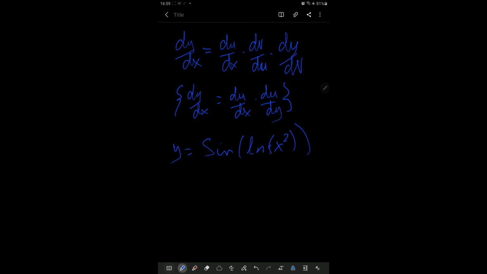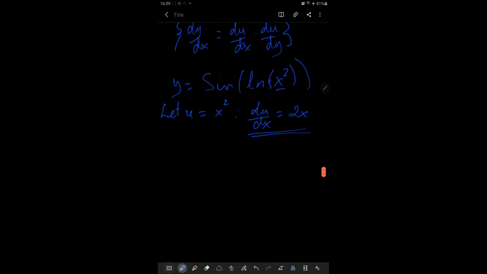So what we do is first off we assign u. We'll assign u to be x squared. We start from inside, so we say let u equal x squared. So therefore du dx is 2x. So remember that one.